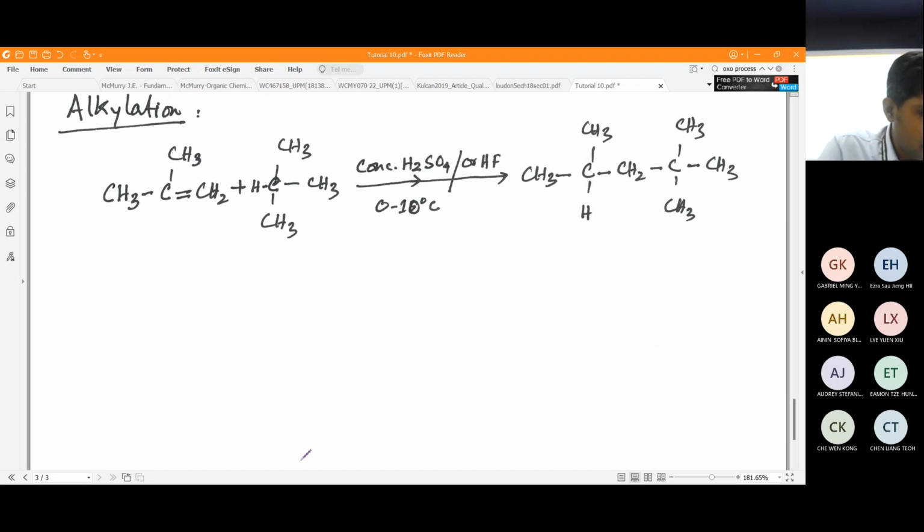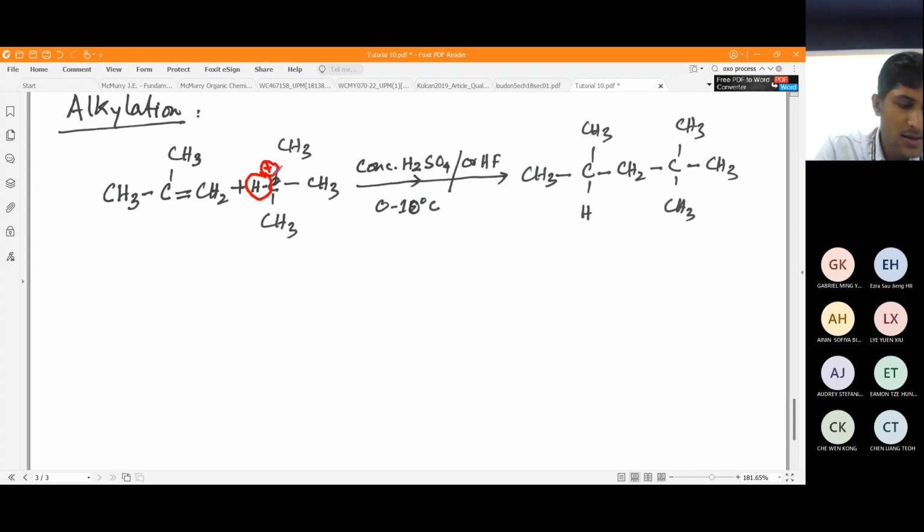All right. So how does this alkylation reaction occur? First of all, this hydrogen will go away from this reaction, and then it is giving a positive charge. If hydrogen goes away, carbon does not have all four bonds, so it will produce a cation.